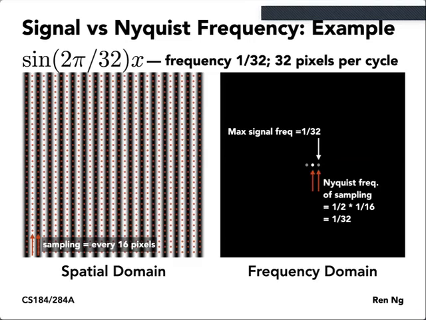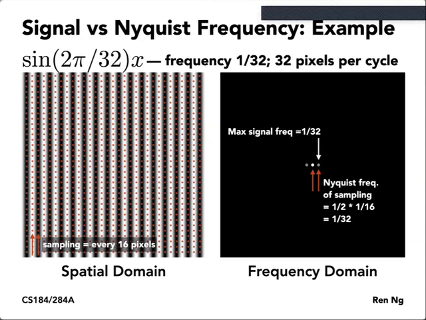The Nyquist frequency, if the sampling frequency here is 1 over 32, then maximum frequency. Oh, sorry, I messed this up. The sampling is every 16 pixels, okay? So the sampling frequency is 1 over 16. The sinusoid has a frequency of 1 over 32, which is plotted over here.